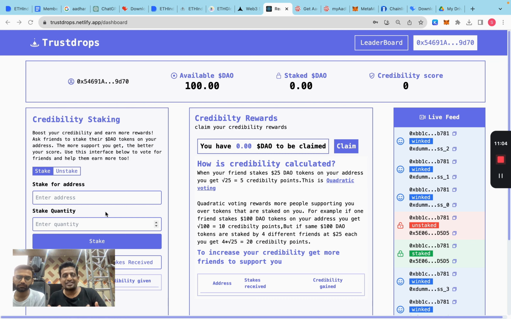So essentially every participant here is incentivized to find as many trustworthy people as possible, so that they can vote on them, and maybe explore a collaboration where they can vote back on them, right? So that's the quadratic voting mechanism to build your DAO and grow it and build viral loops around it while making your DAO successful.